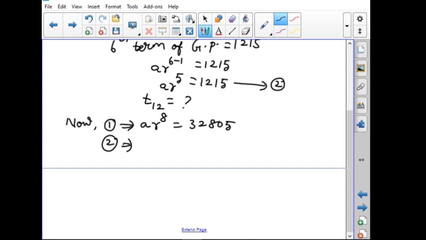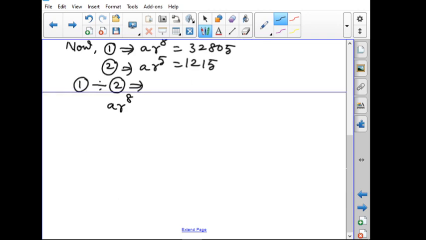Equation 2 is A R power 5 equal to 1215. Now we are going to divide these two equations, equation 1 divided by equation 2. Equation 1 is A r power 8 divided by equation 2, A r power 5.